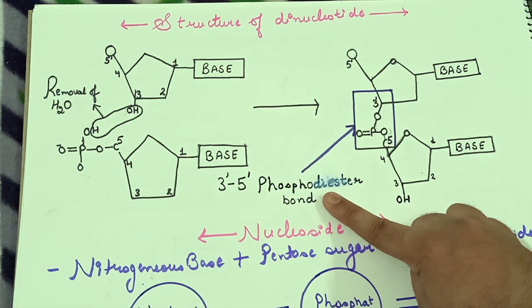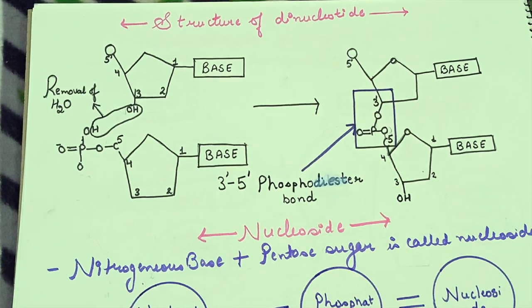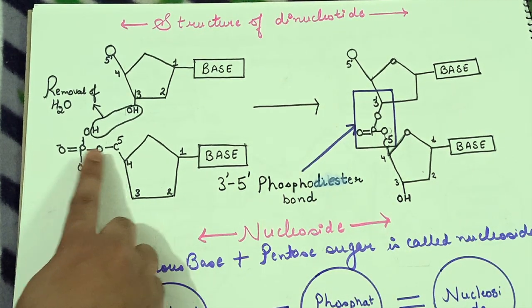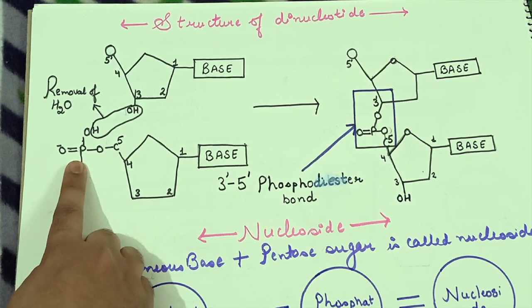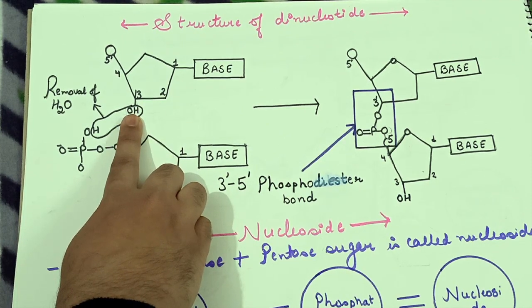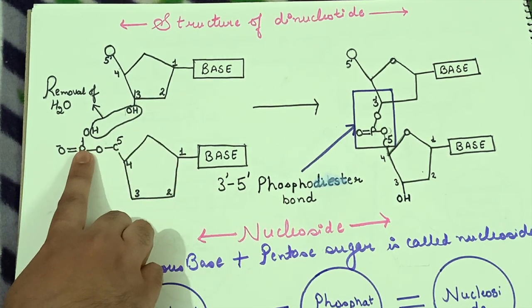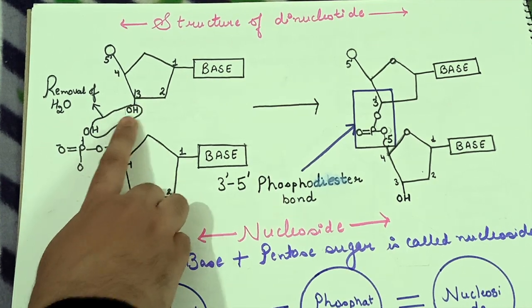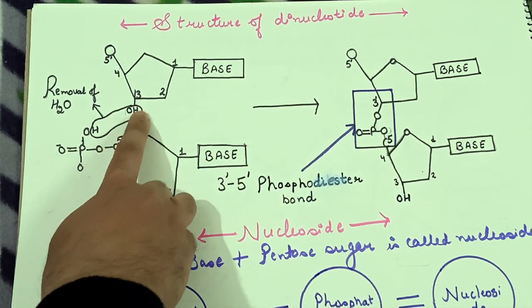Now how is this phosphodiester bond formed between two nucleotides? You know that at 5th position phosphate group is attached, which we have discussed earlier, and at 3rd end OH group is attached. Now between this 5th phosphate and 3rd OH, there is removal of water molecule.